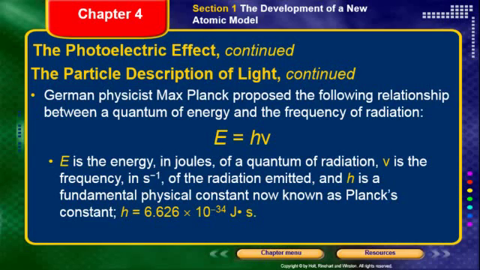And Planck's constant is defined as 6.626 times 10 to the negative 34th joule seconds.